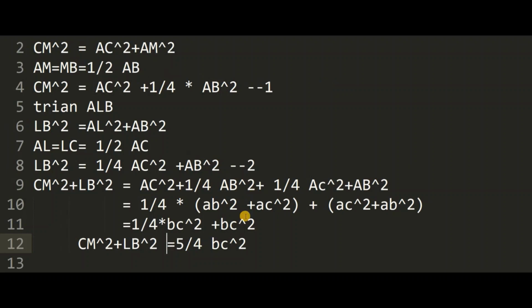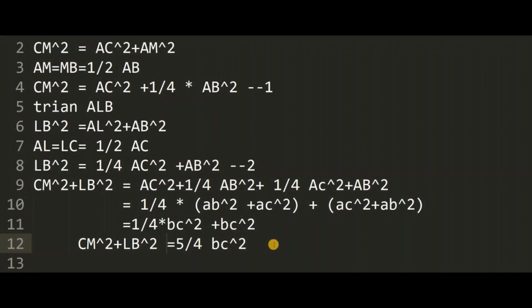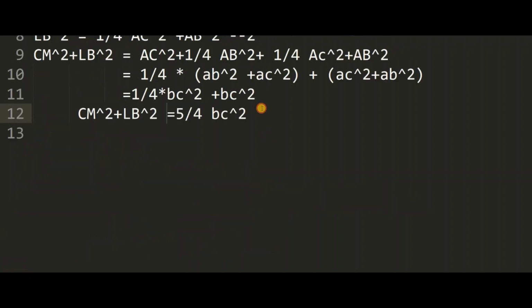So they have given us all the values and we need to find the value of CM. So CM square plus, what is the value of LB? It is 3 into root 5 by 2. So if we square it, we will get 9 into 5 by 4.